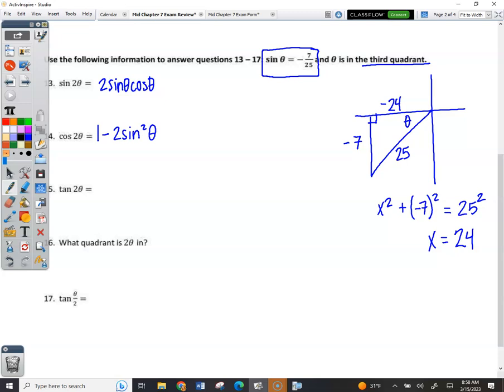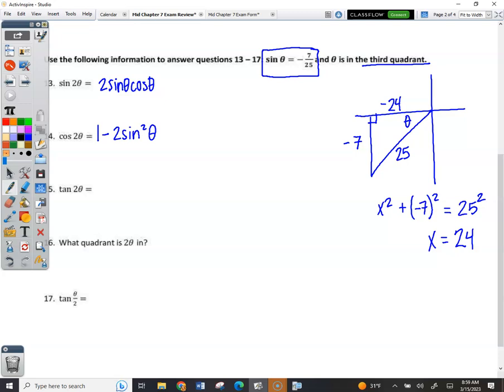How am I minimizing the possibility that I've made a mistake by using this formula? There it is. Look at what they gave me. They gave me sine. Well, if I use the formula that is just sine, then I know my fraction I'm plugging in is correct. There's no way that I've accidentally found the wrong number over here because I'm not using any of the numbers I found. So that's a think smarter, not harder type choice.